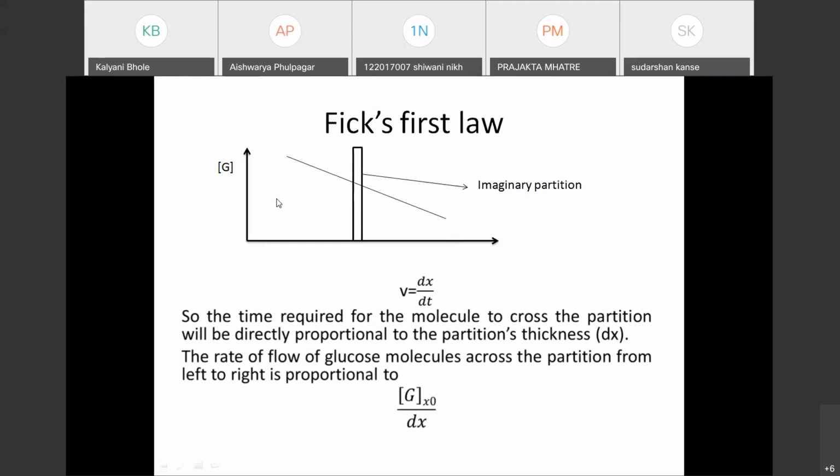The glucose molecules will then begin to move freely in this aqueous solution, in the aqueous medium.